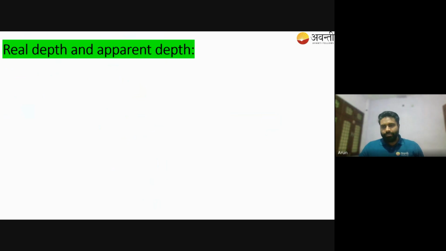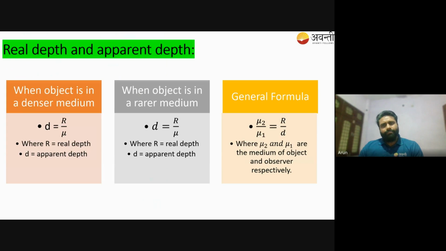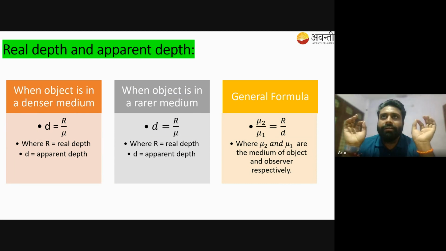So in recall, what do we have to do? We have done real depth and apparent depth. I'm just revising the formula for you. We have dealt with the case when the object is in a denser medium. For questions in which real and apparent depth are asked, you have to decide in your mind which quantity you are focusing on.